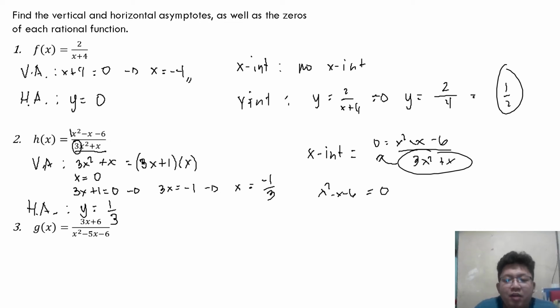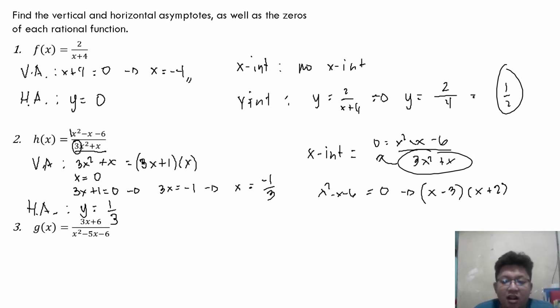Okay? Then now, because we don't have any specific numbers here, we need to factor. So this will be x, negative 3 and then x plus 2. Kasi meron tayong negative x eh. So meaning to say, we look for factors of 6 which yield negative 1.